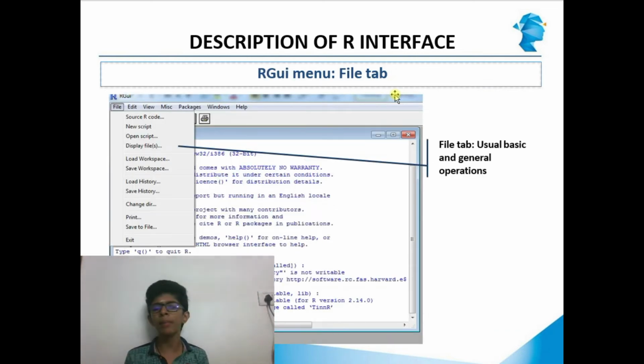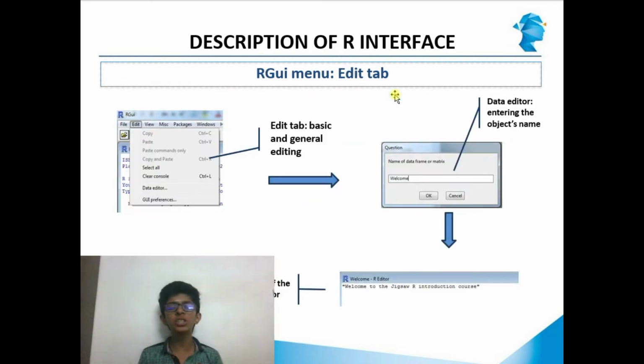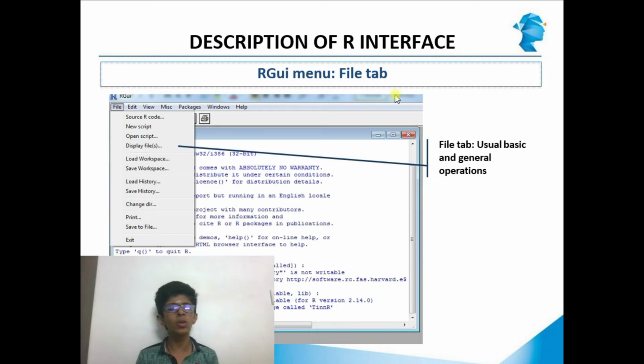And the R GUI menu file tab. There are many tabs here, and this shows the file tab, with the usual basic and general options, and display files is also noted here, and then the GUI menu edit tab. These tabs generally show what they have.